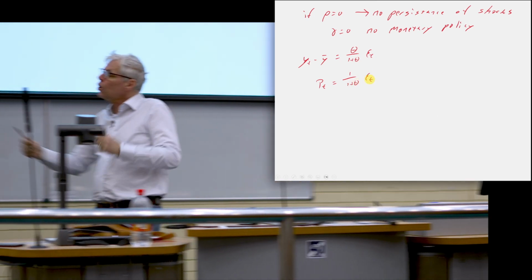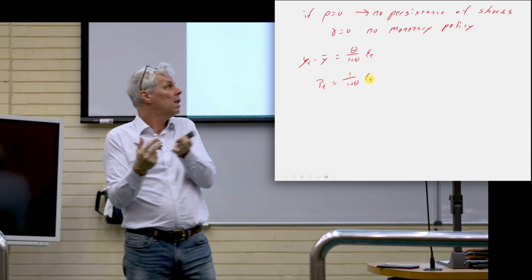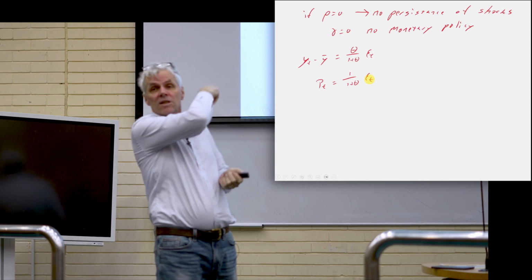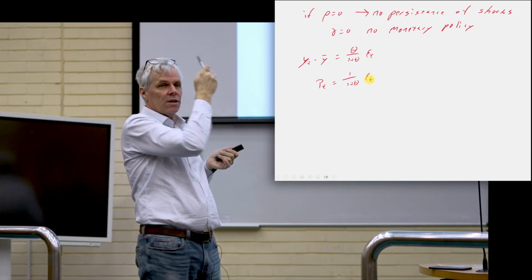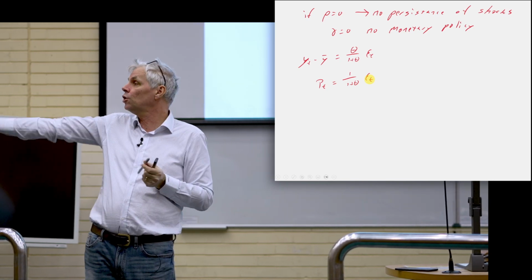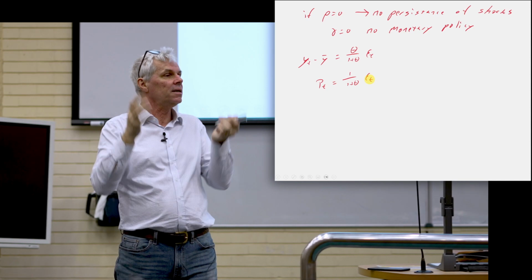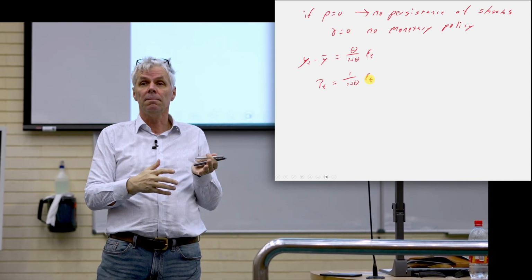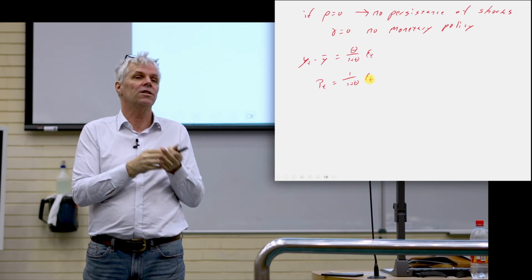So if there's no persistence in shocks, rho is 0, then prices just depend on the current shock, and output just depends on the current shock, even though we have these 2-period contracts. Okay? Because all that matters today is today's shock. Right? That's the only reason you could make a price prediction error. It's the only reason prices are affected.